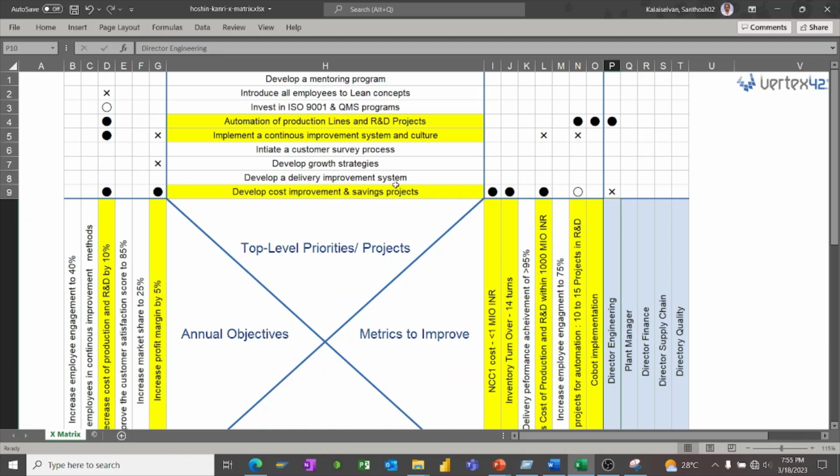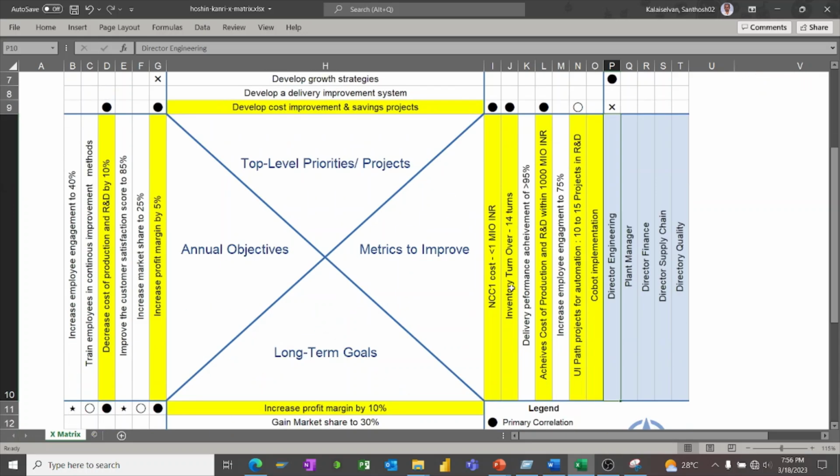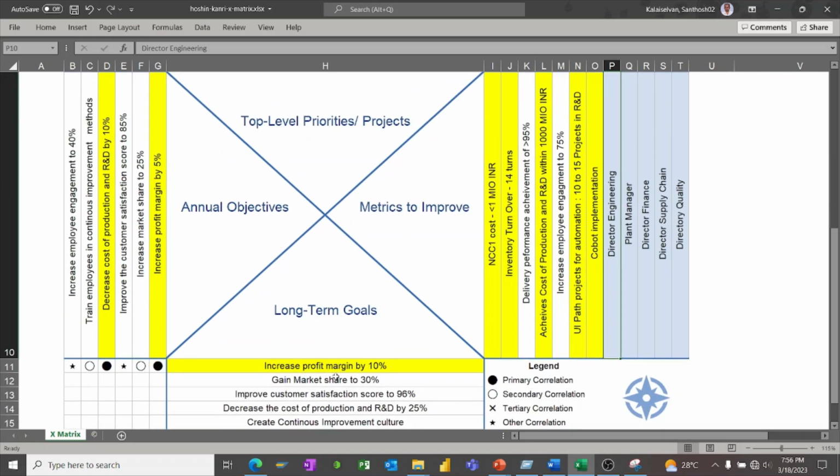But he is responsible for developing growth strategies, primarily correlated. He is not tertiary correlated with automation of production lines and R&D projects. He is responsible for developing growth strategies because his position says that he can take the lead in growth strategies. But the growth strategies are directly correlated with the profit margin of 10%.